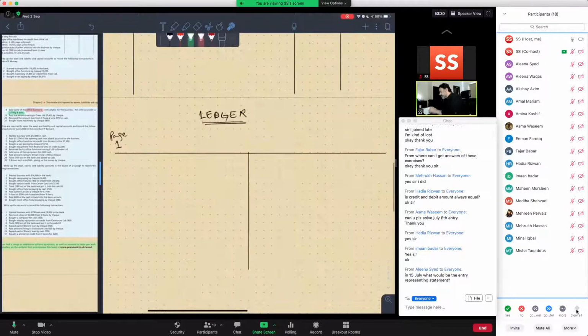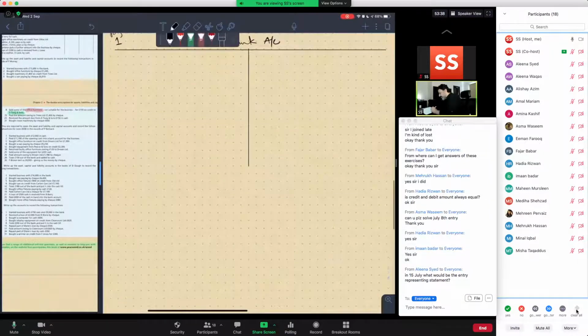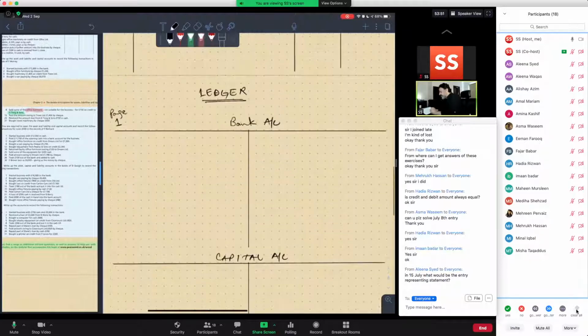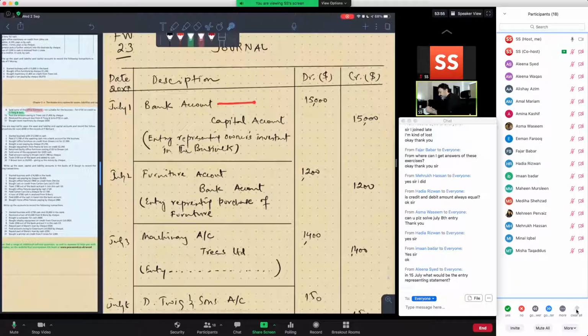We will need two accounts here in the ledger. One for bank, this is your bank account, and the other one for capital. Let me make another account here. So this is your capital account. From the journal's instruction, we need to debit bank account $15,000.